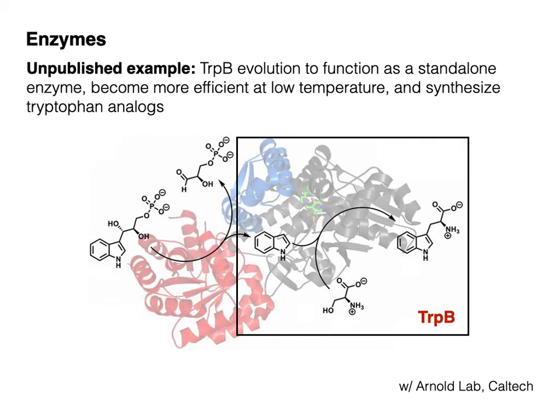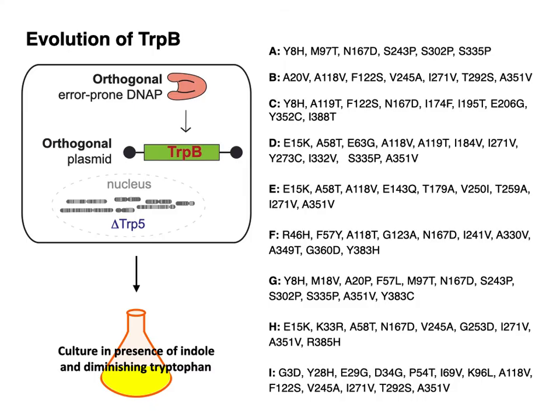Second, we are interested in having TrpB, which is a thermophilic enzyme, operate at lower temperatures that are more compatible with unstable indole analogs and tryptophan products. And of course, third, we want TrpB to accept many different unnatural substrates to make many different tryptophan analogs.